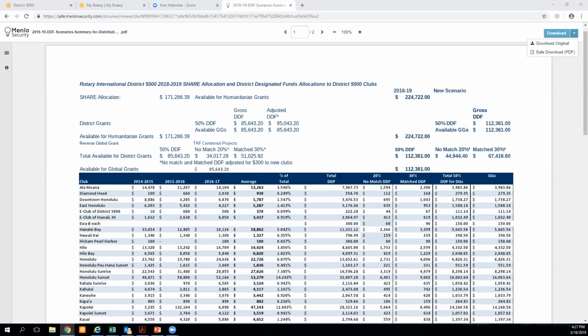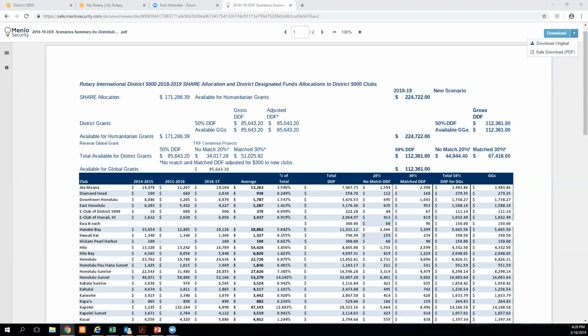And then for global grants, which also have to be matched, if they wanted to join in the girls' school project and say, I have $279 of DDF that I will be happy to match and give you $560 for your project, then John from Honolulu Bay will say, hooray, I love you.